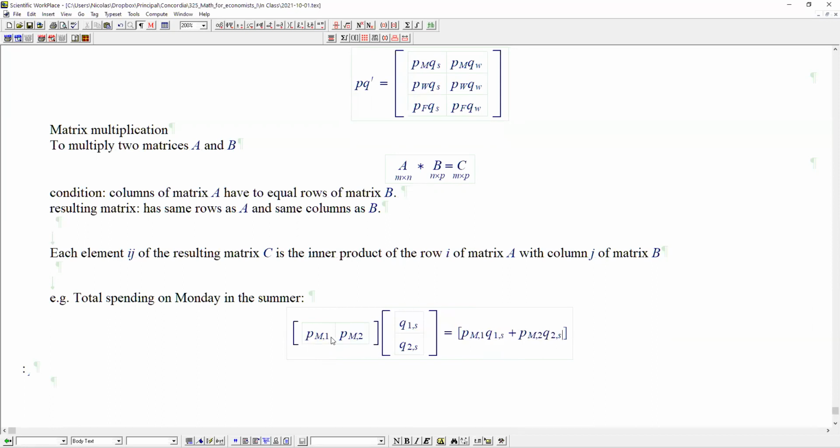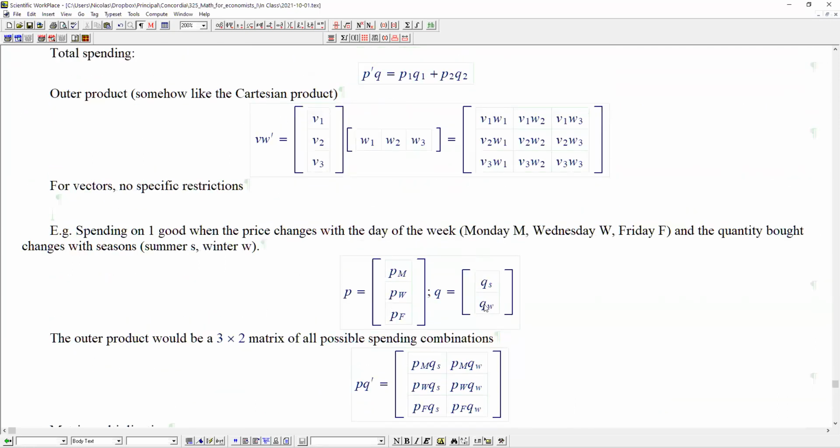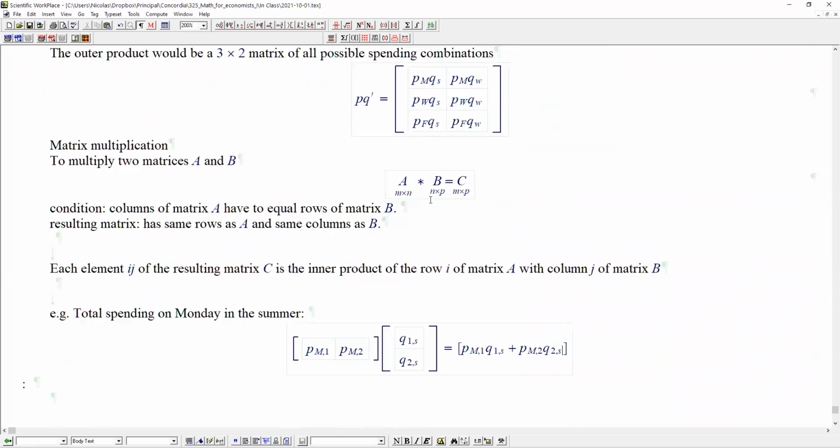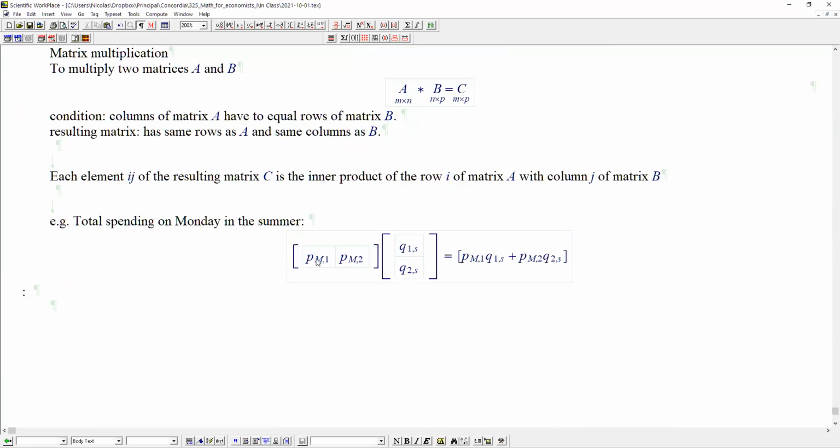So PM1, PM2 times Q1S, Q2S would just be the sum of PM1 times Q1S plus PM2 times Q2S. I've done exactly the same here, just saying that it's Monday in the summer. So imagine that we do this inner product, but on Monday in the summer. That's why I added this M to say that it's Monday prices and S to say that it's summer prices.